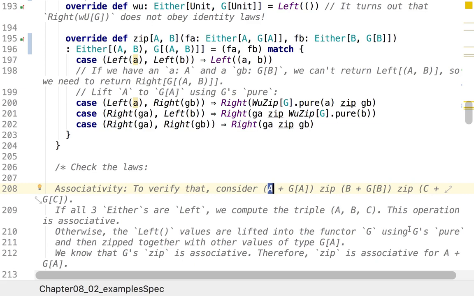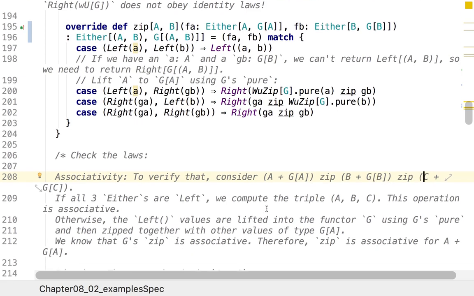So basically, you could imagine that first we lift all of these that are on the left into the g functor, and then we have all of them on the right, and then we just zip them together. So the result would be a zip in the g functor of 3 values from the g functor, and that's associative.